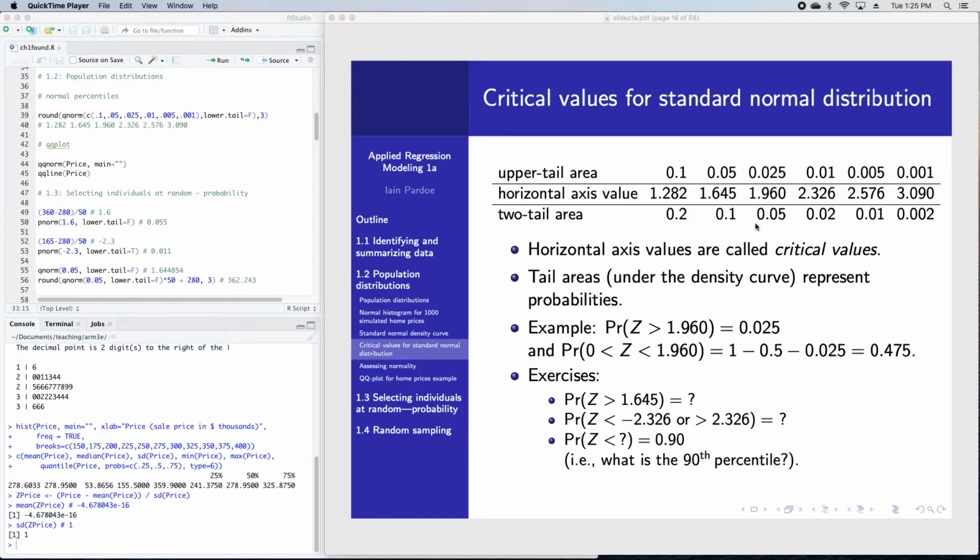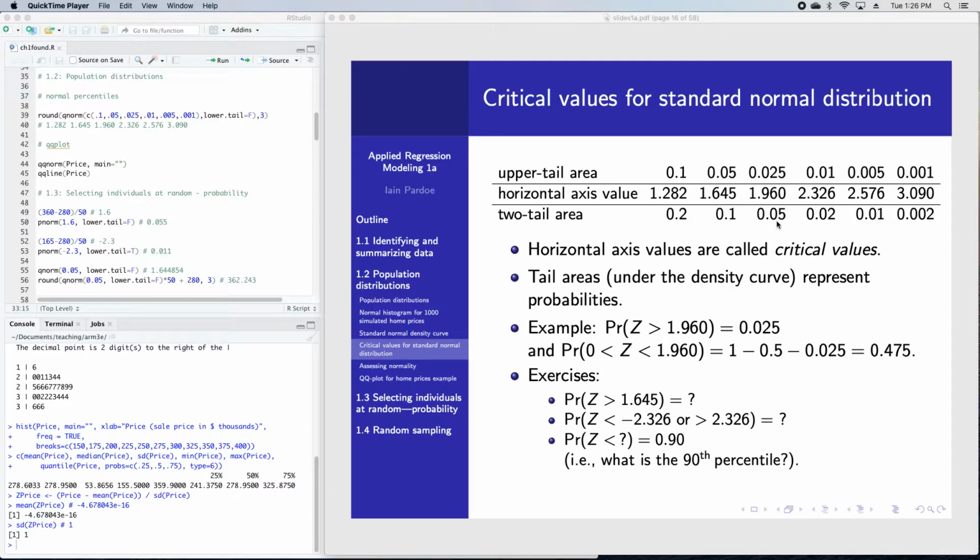The third row of this table gives a two-tail area, and you can see that all these numbers are simply the upper tail areas multiplied by 2. What this 0.2 means is that the upper tail area to the right of 1.282 plus the lower tail area to the left of minus 1.282, together those two tail areas add up to a two-tail area equal to 0.2.